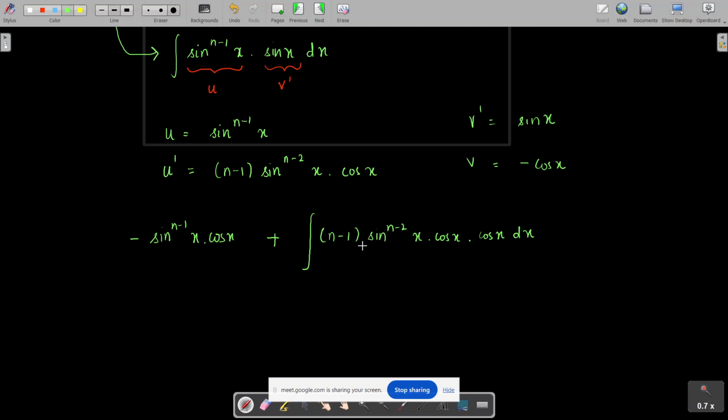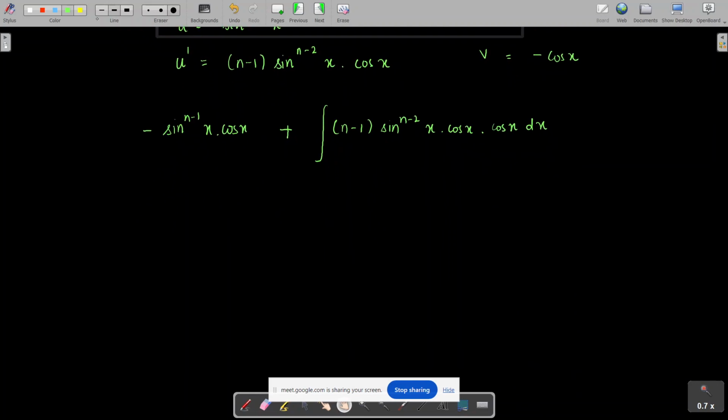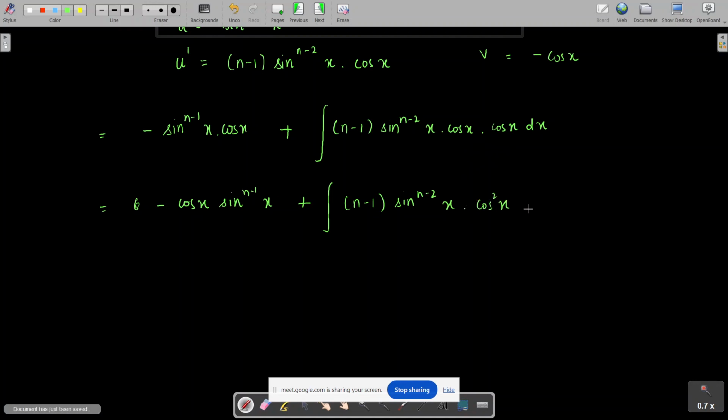This is a really long expression, but okay. Now let's rewrite this. So this is negative cosine of x sine of n minus 1 x plus n minus 1 sine n minus 2 x, cosine x times cosine x, that is cosine squared x, dx.